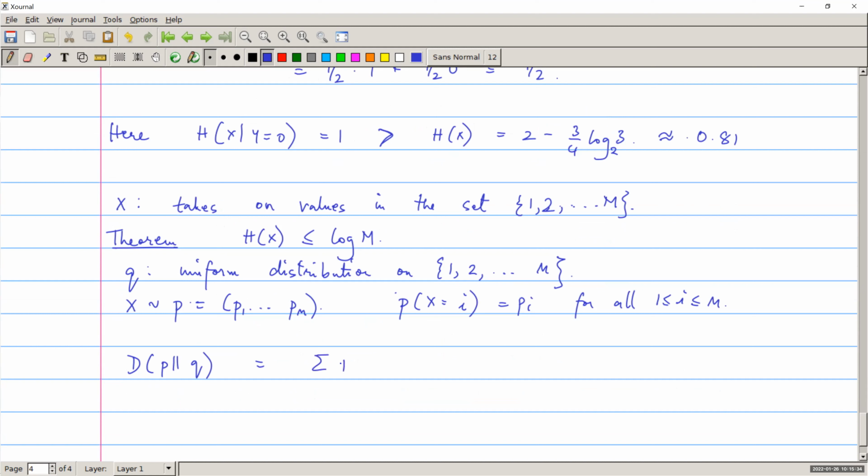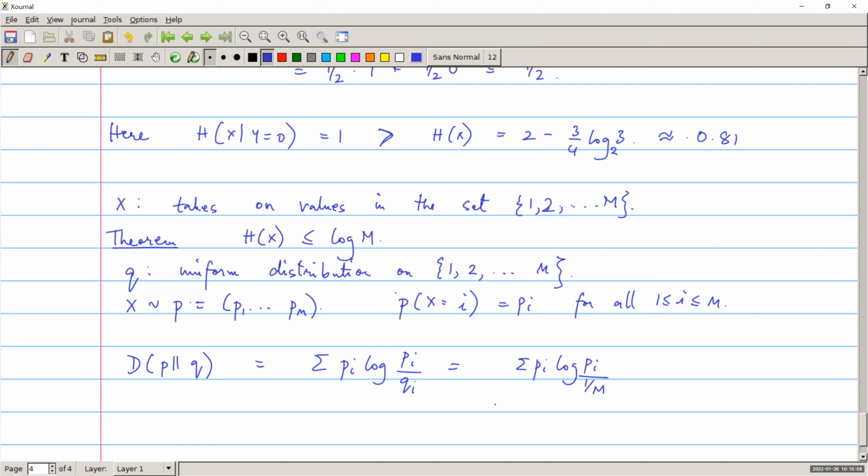Right, so this is summation pi log pi over qi. But qi is just uniform, right? So qi is 1 over n for all i. So this is pi log pi divided by 1 over n.